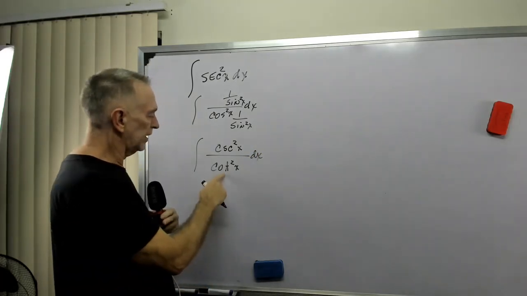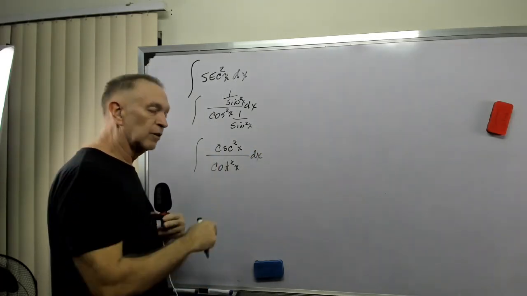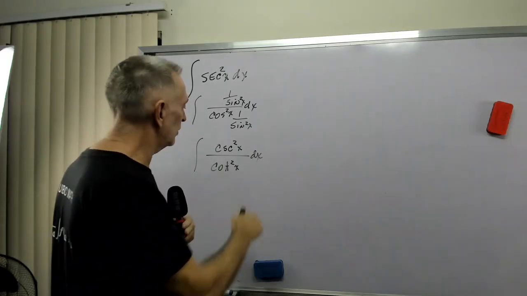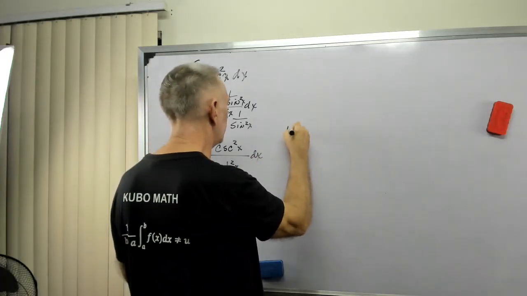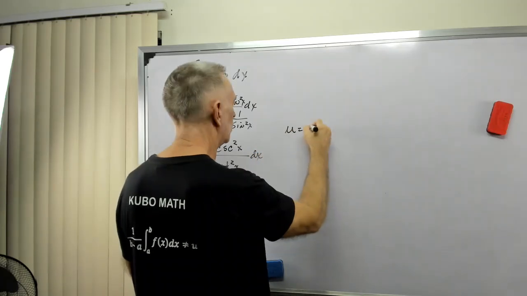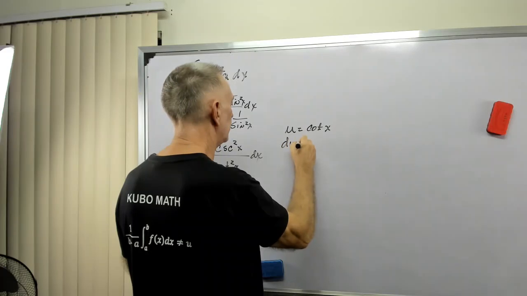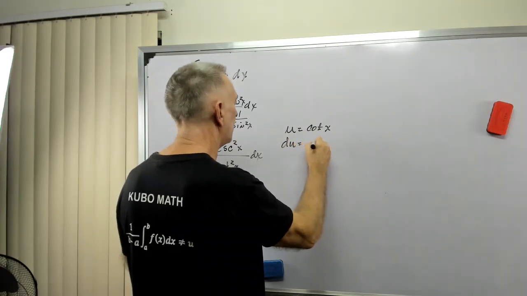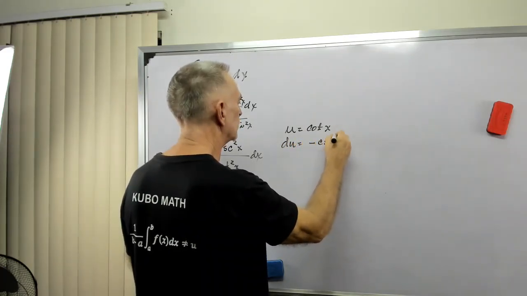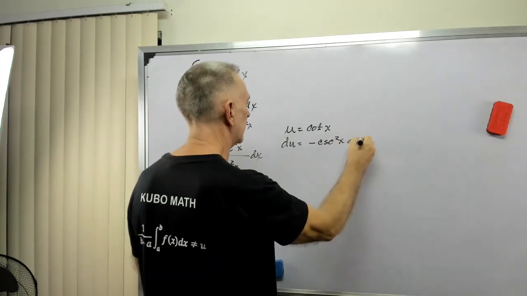Now the cool thing is cotangent and cosecant are big buddies also. All right, so let's let u equal cotangent x. du equals minus cosecant squared x dx.